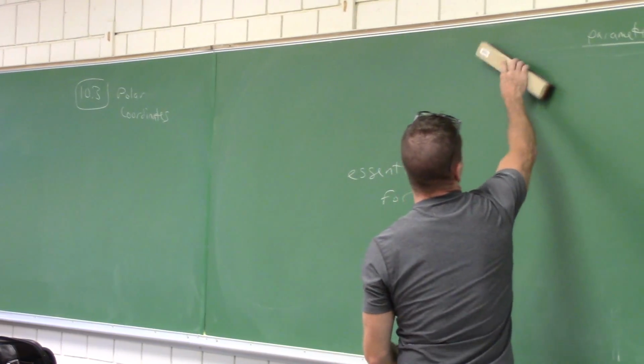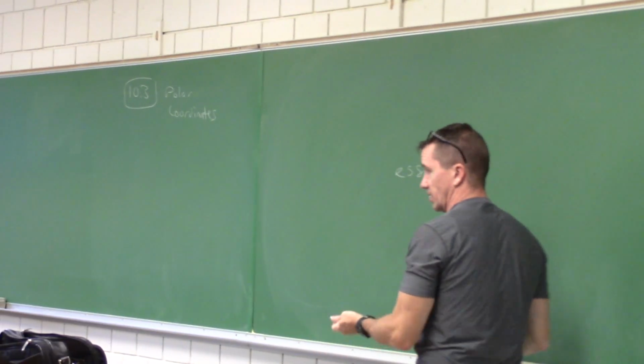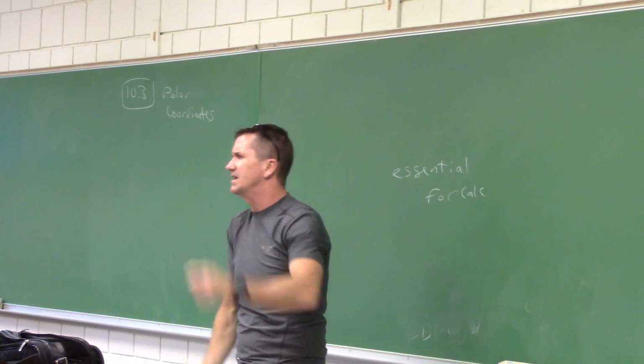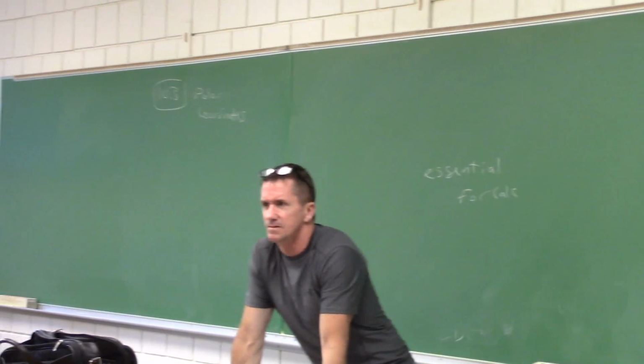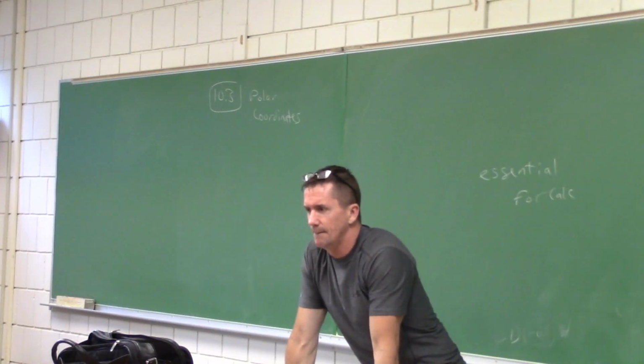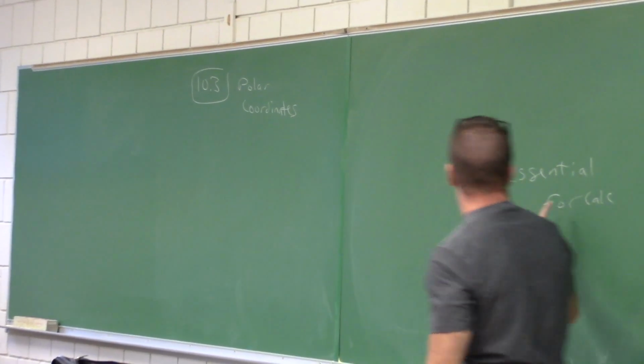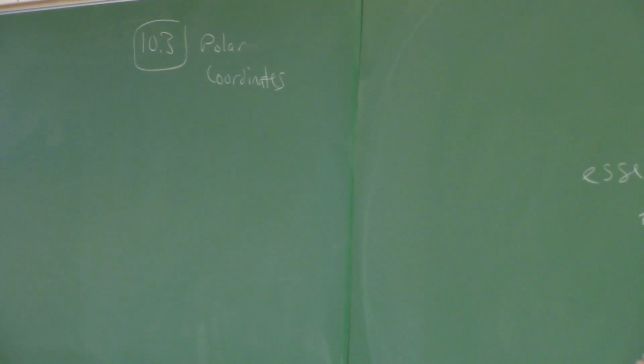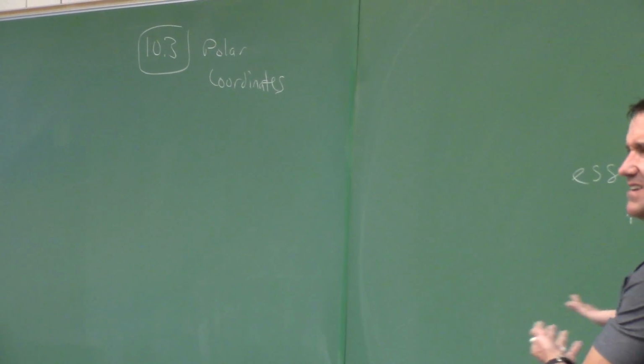Tomorrow we'll talk about area in polar coordinates. We'll draw some polar curves and find area. But again, it's essential for Calc 3. We hit it now and then we move on in chapter 11. We finish up this course with series. So again, it seems like, why did we do that? It's for your next course, going into calculus.